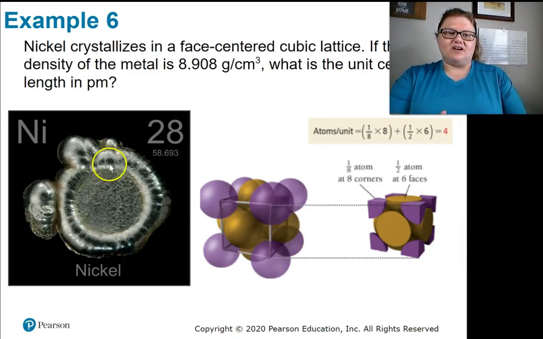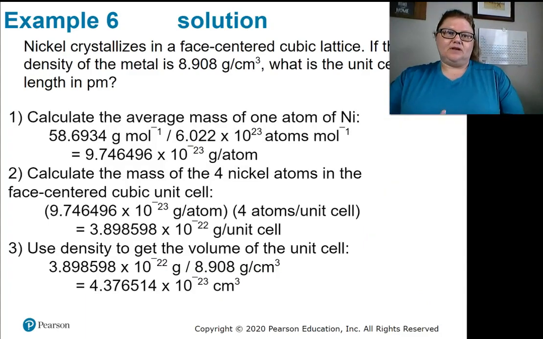So this is our nickel sample here. How would we solve this? We're given density, we need the edge length. Well, we're given density, what is that? That's giving me a mass and a volume. And so we're going to use that information like we did in a previous example. We're going to divide by Avogadro's number and get how many grams per atom, right?